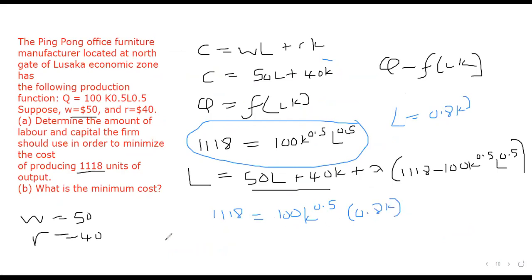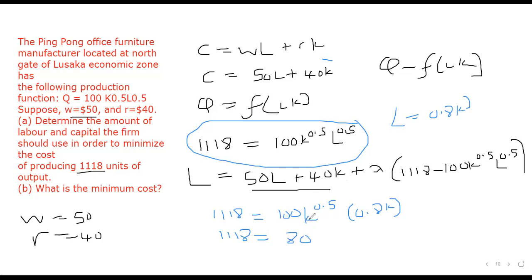All together so far? We'll multiply here. We're going to have 100 times 0.8, that's 80.